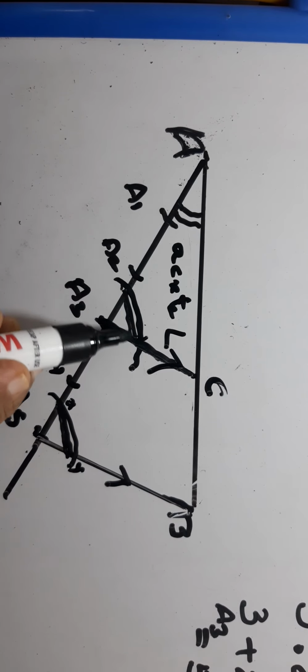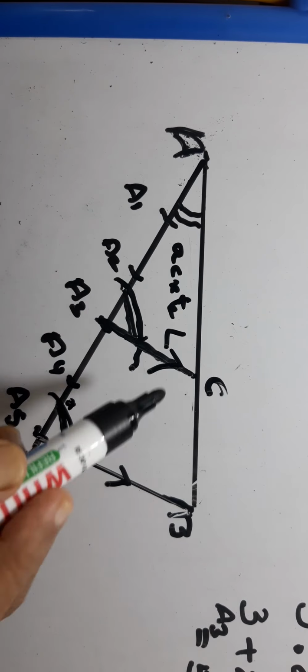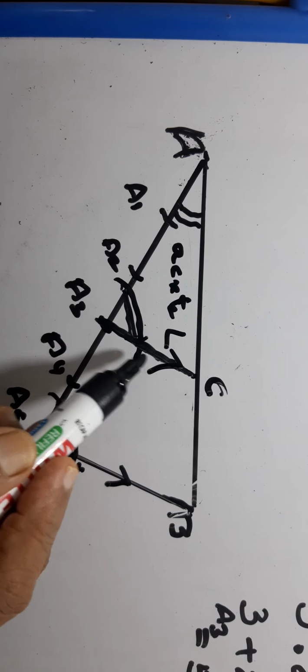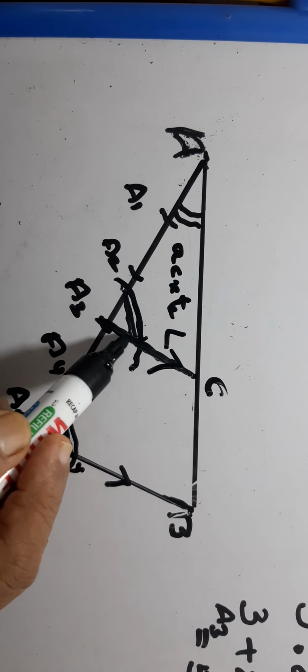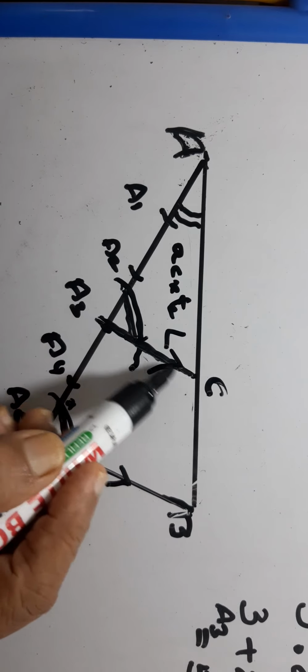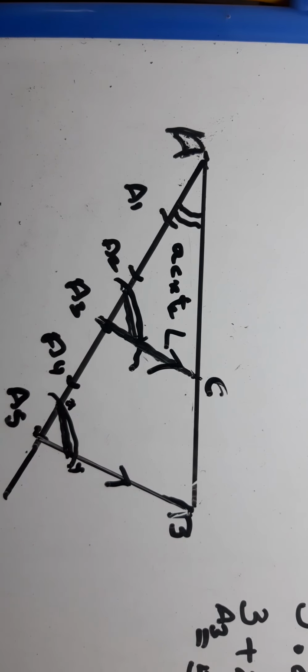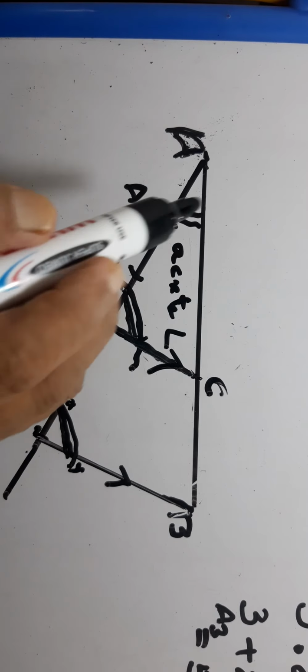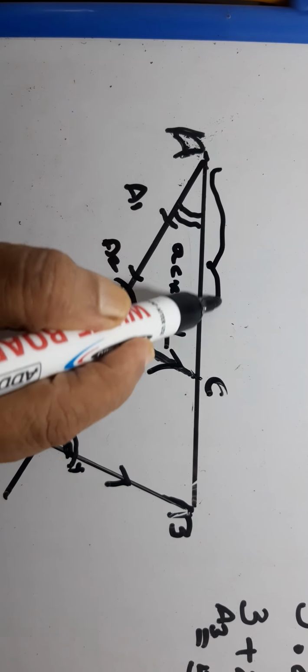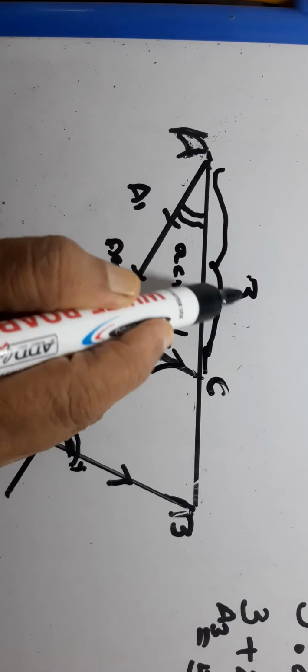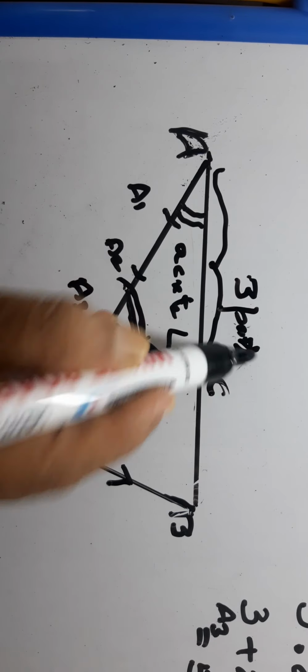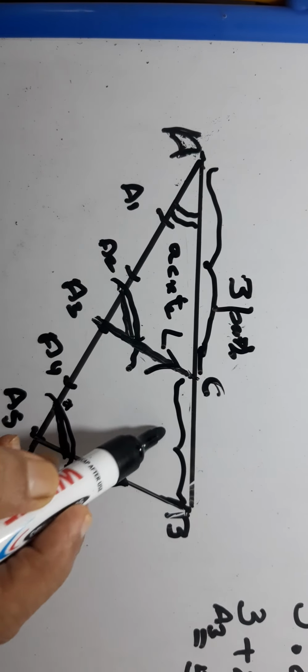So actually this is XY now. Now you join A3 to Y and produce it to meet the line AB at C. Now when you measure, this part AC will be 3 parts and this will be 2 parts.